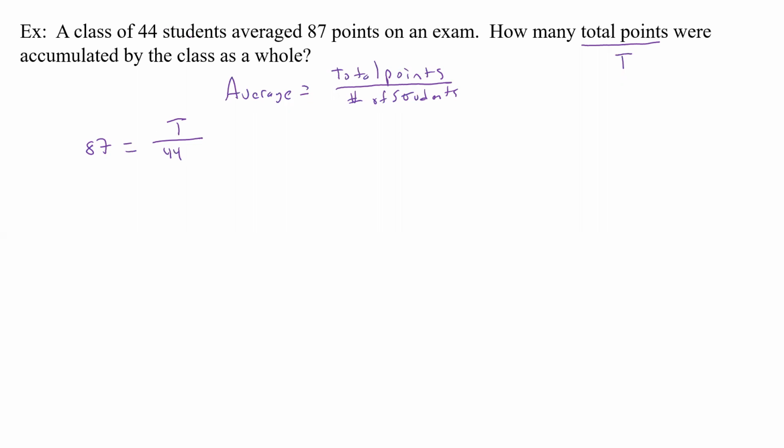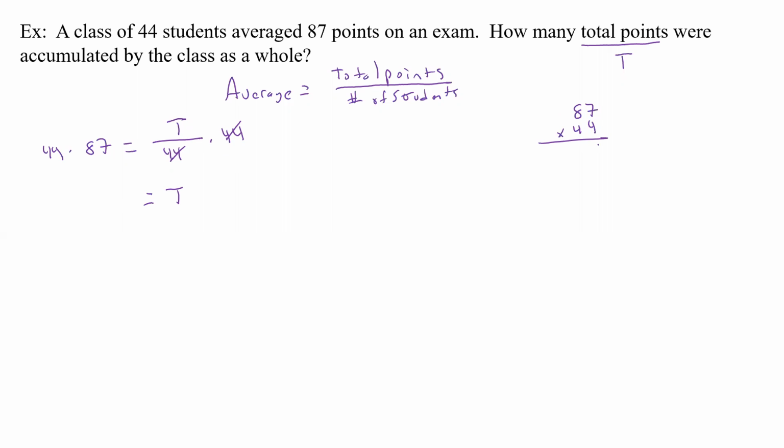Okay. Now, what do we do now? Well, here we divided T by 44 and we get this. So we have to get rid of that by multiplying by 44. And if we multiplied by 44 here, guess what we have to do here? We have to multiply by 44 here as well. That will cancel and we get T equals, now we have to multiply 87 times 44.